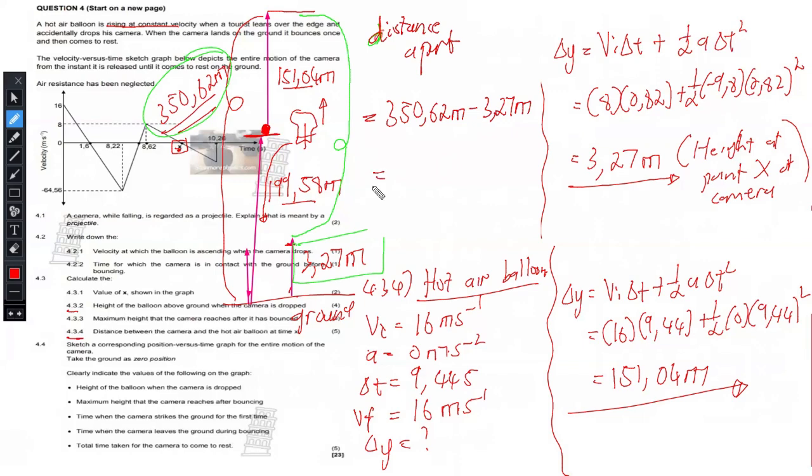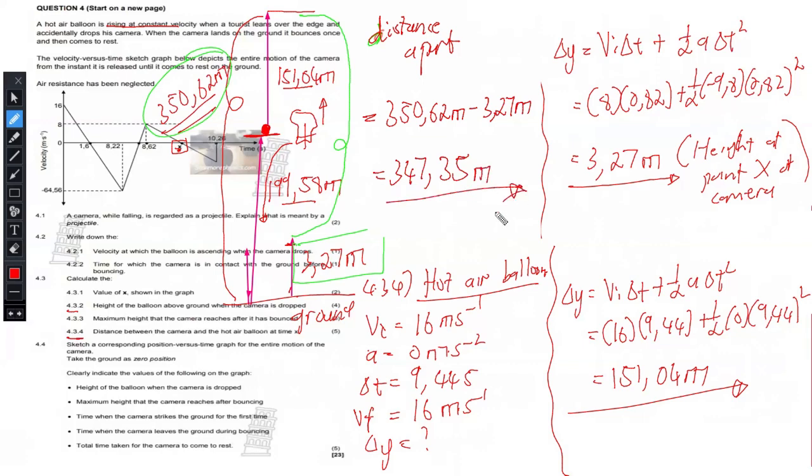So you grab your calculator again, 350.62 minus 3.27 meters. And then we find that it's 347.35 meters. There you go.